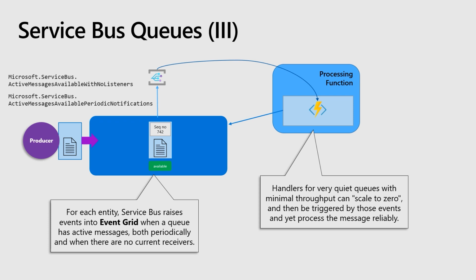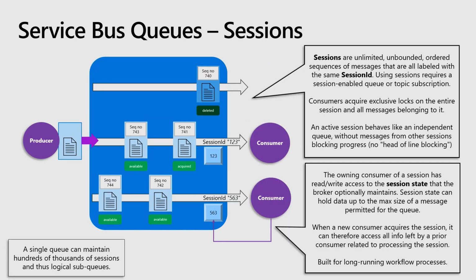What that one means specifically is that if there is a queue in which a message arrives and nobody's listening on it, we will raise that event into Event Grid. You can now subscribe with a processing function, in Azure Functions, for instance, or some webhook, to that event, and then wake up a function, and that function will now go to the queue, grab the message, do the processing, and then can go to sleep again.